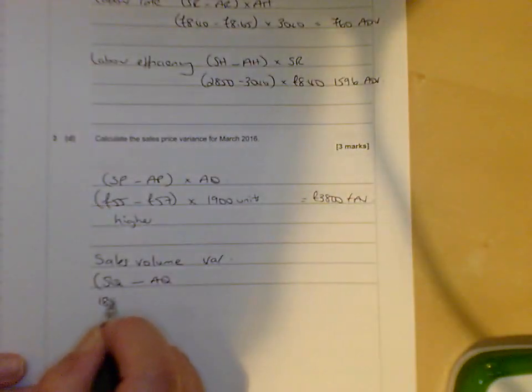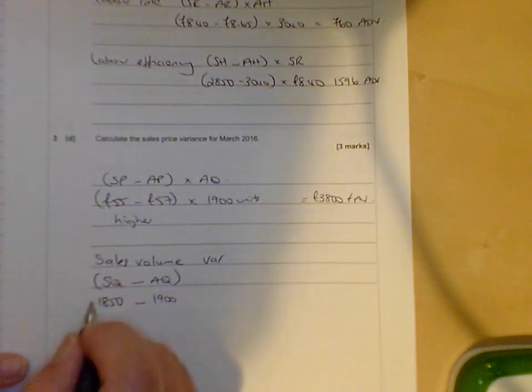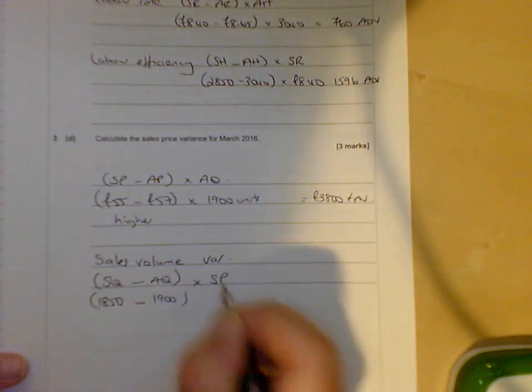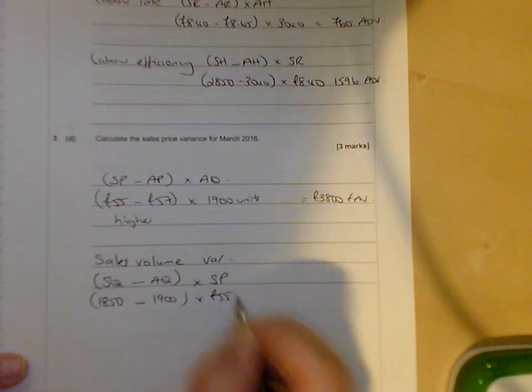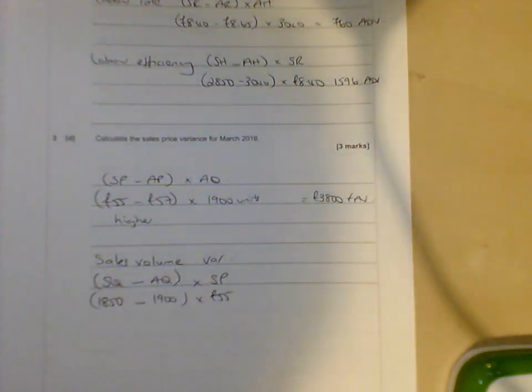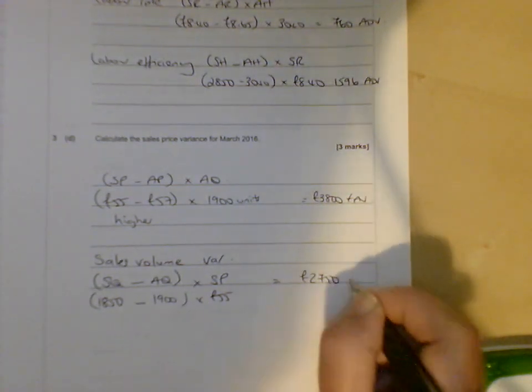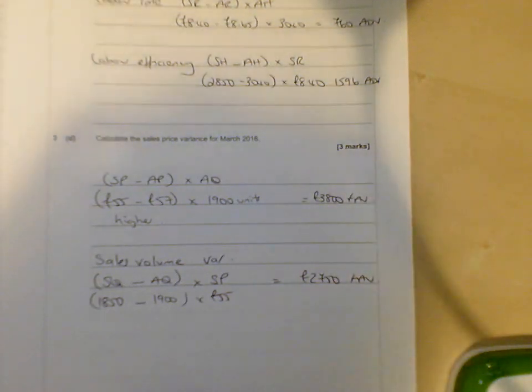That's the only time we're ever going to use that planned level of output, minus the actual quantity, which was 1,900, and we're timesing that by the standard price, which was £55 a unit. So we've sold 50 units more at the standard price of £55, which equals a £2,750 favourable variance. But we are not going to get all of that money.